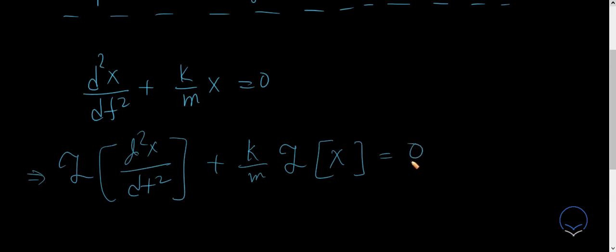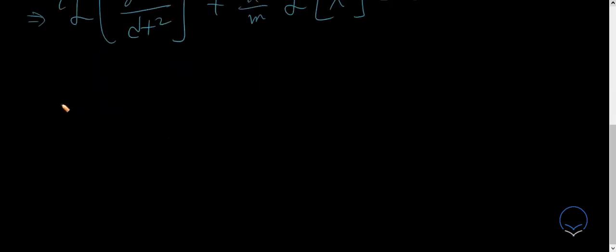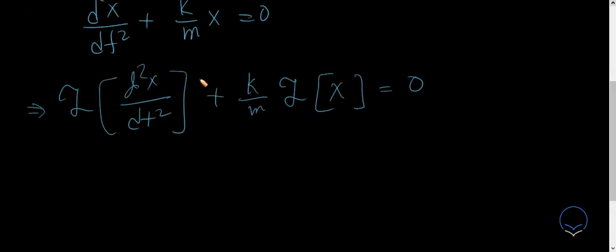So this is 0. Now, in your previous theory video, when you did Laplace transformations, you saw what is an expression for this. That means what happens when you take the Laplace transformation of a differential operator or a derivative.